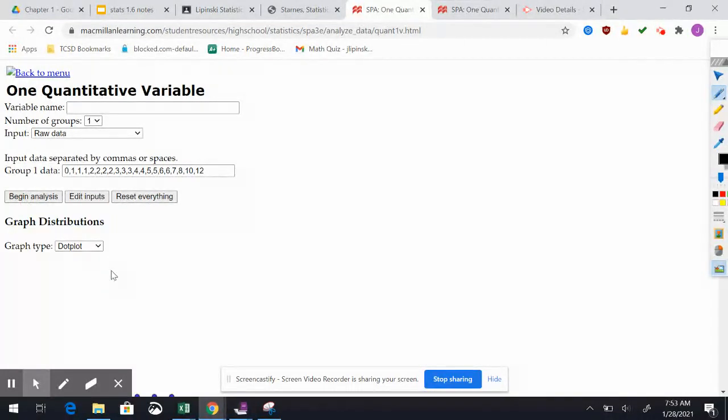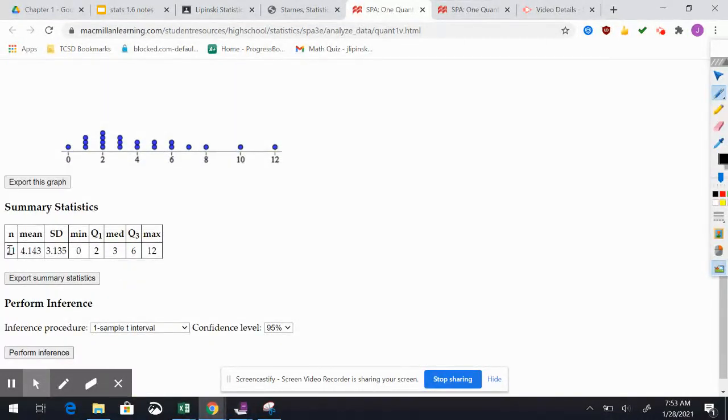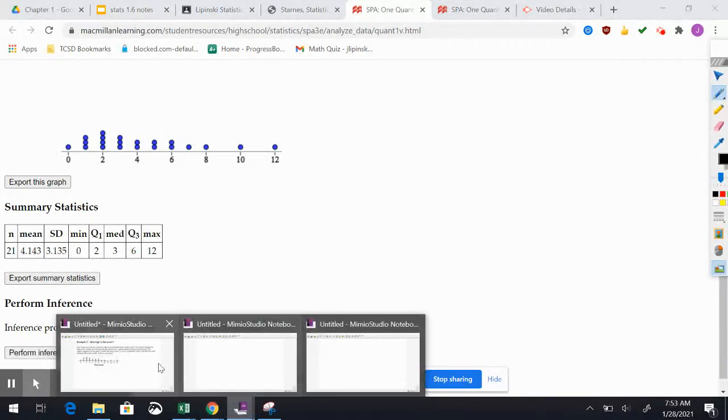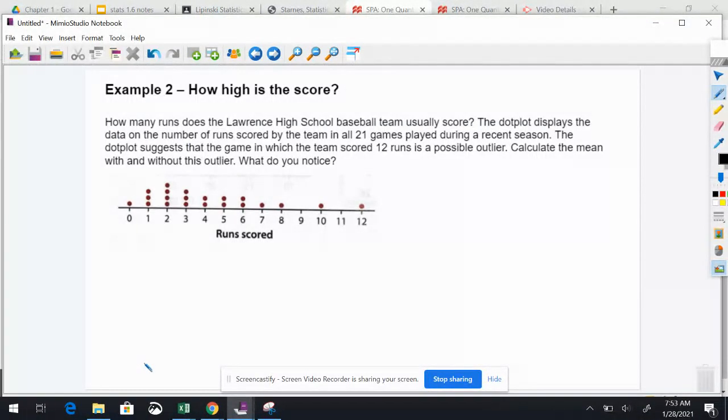So when I begin analysis and we go down to looking at this, good, I have 21 pieces of data. There's my N. And what is the mean? The mean is 4.143. So if I go back to my data, the mean with the possible outlier, 12, was 4.143 runs per game.